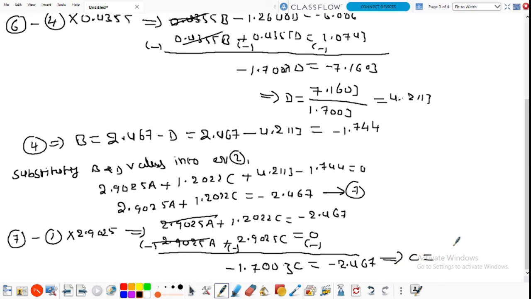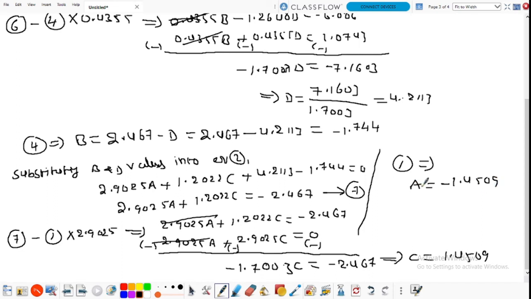We get c is equal to 1.4509, and substitute the c value into equation number 1. From equation number 1, a is equal to minus 1.4509.